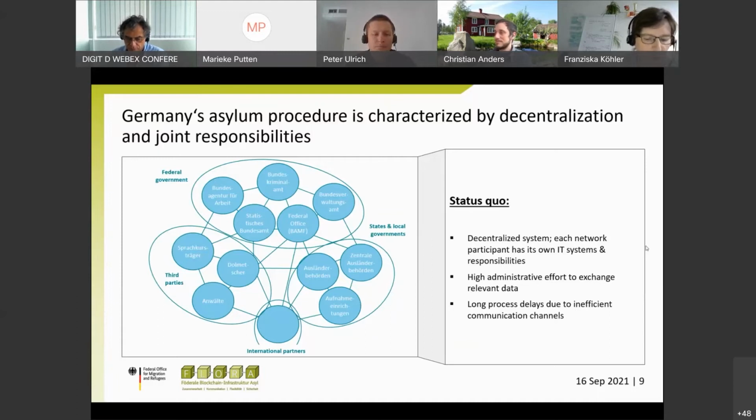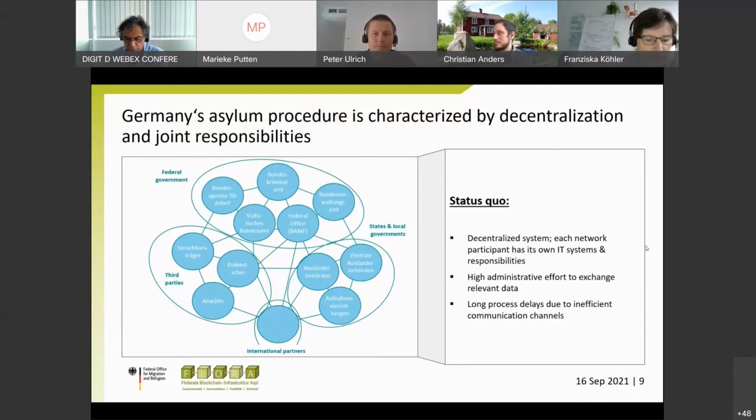Now let's have a closer look at these participants and the connection between them. For this, I want to draw your attention to the left side of this slide. Participants in the German asylum process can be public or private organizations. On this chart, you can see a selection of their structure. There are German authorities on all federal levels, on the upper and on the right part.